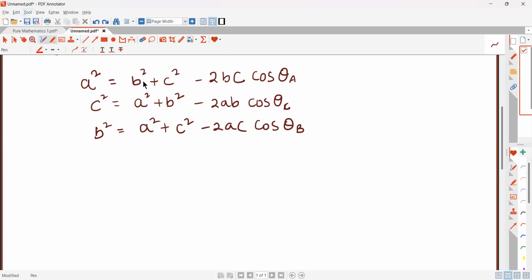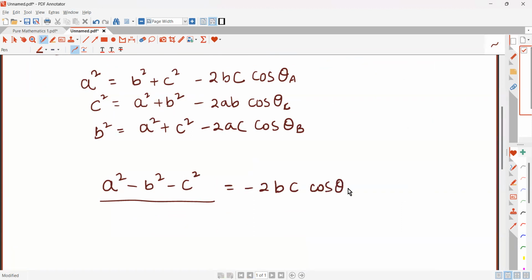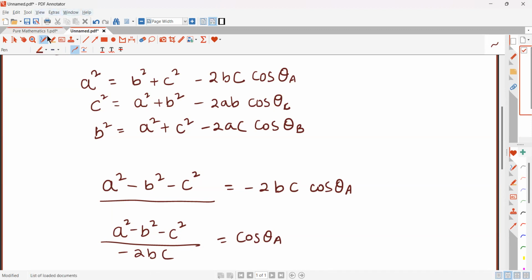Can I bring everything to the other side and write A square minus B square minus C square is equal to minus 2BC cos theta A. Can I write again? A square minus B square minus C square divided by minus 2BC is equal to cos theta. Understood? Can we do this or not? That's what they showed us over here.